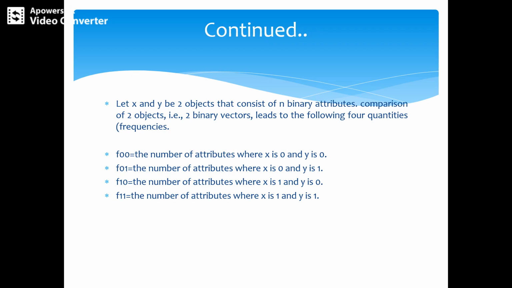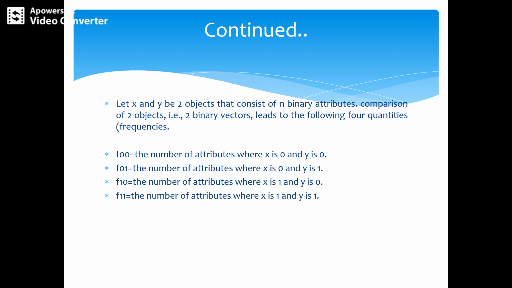So this is f00, which indicates the number of attributes where x is 0 and y is 0. And f01 is the number of attributes where x is 0 and y is 1. Similarly, f10 is the number of attributes where x is 1 and y is 0.